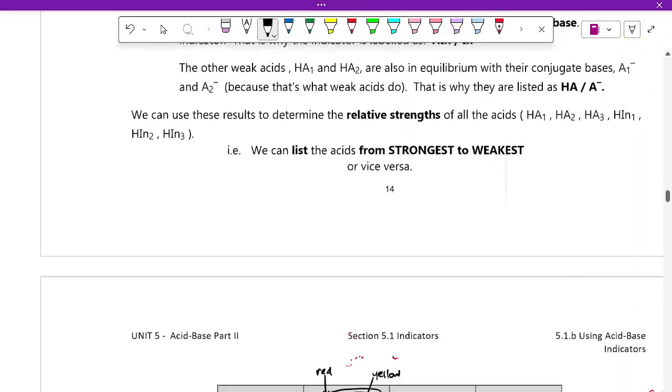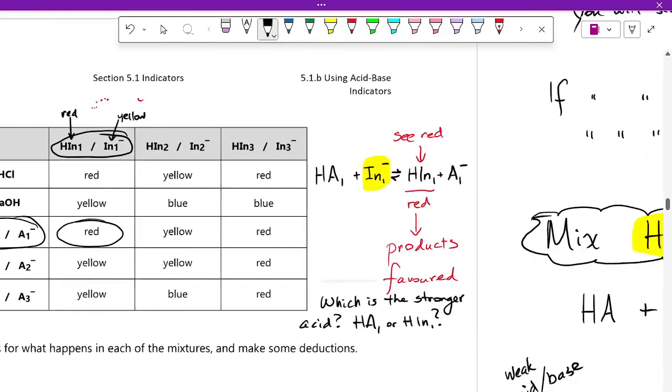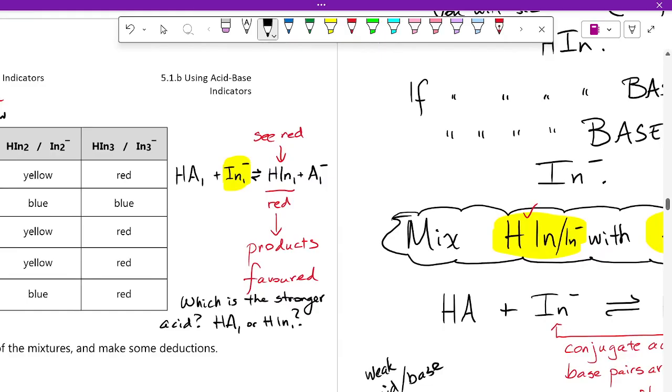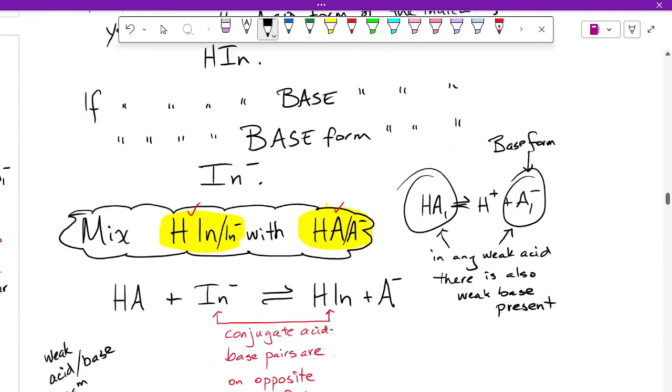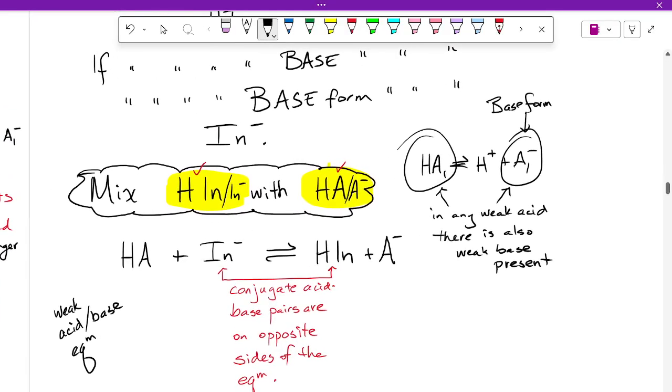Okay, so last day we had looked at an equilibrium system where we mixed HIn minus, HIn with In minus, and HA with HIn.